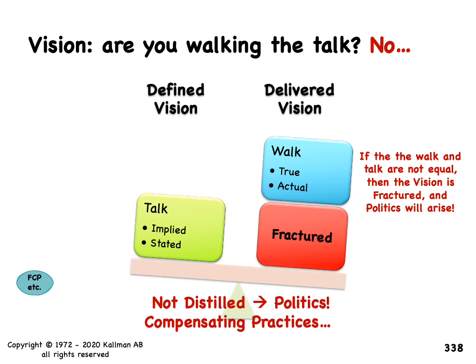When you do not have distilled agreement, that will automatically lead to politics, and worse, compensating practices are going to pop up all over the place in the organization in order to offset the fractured vision. So this actually costs companies millions or billions of dollars a year having misalignment.